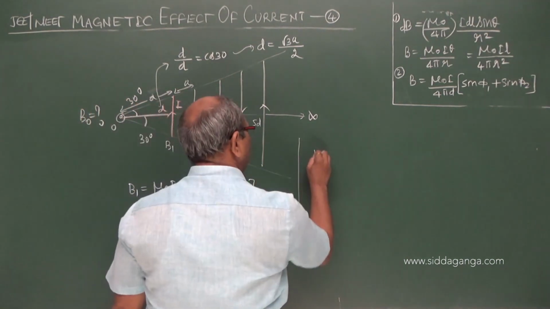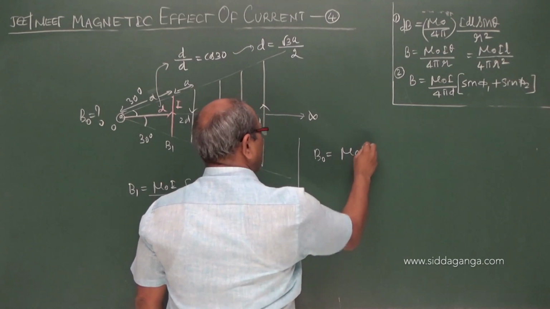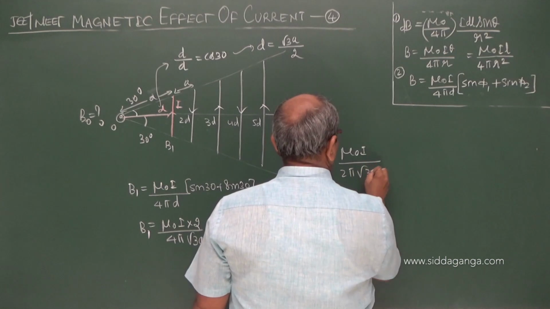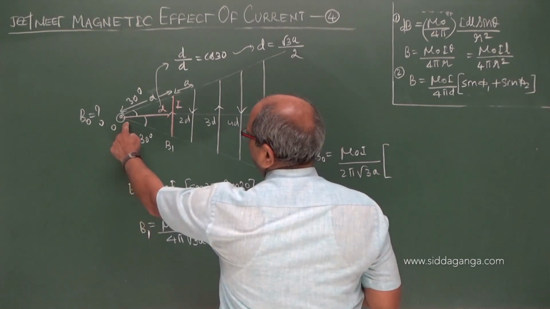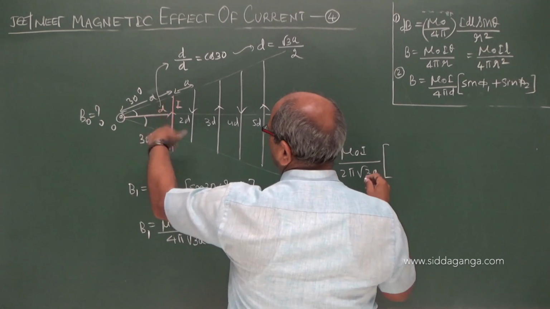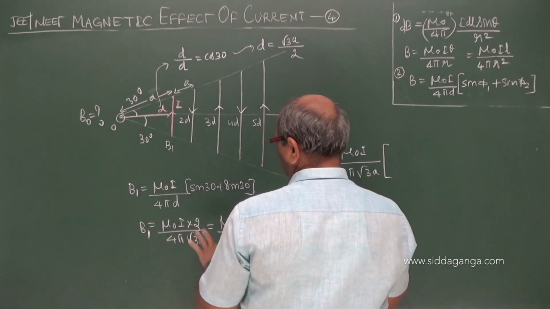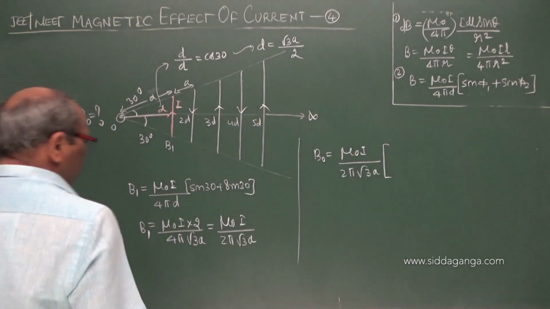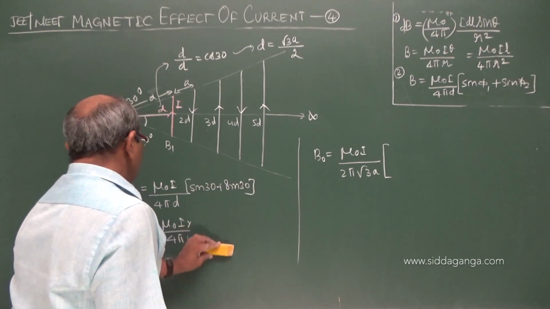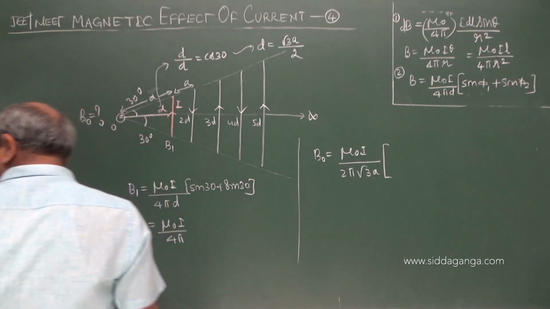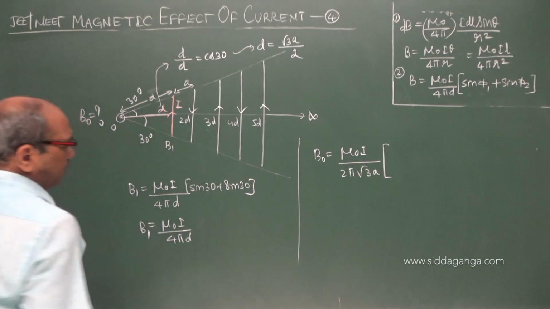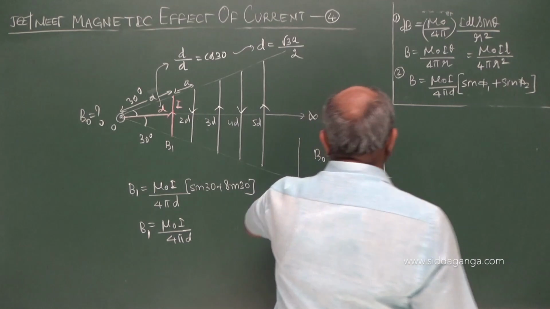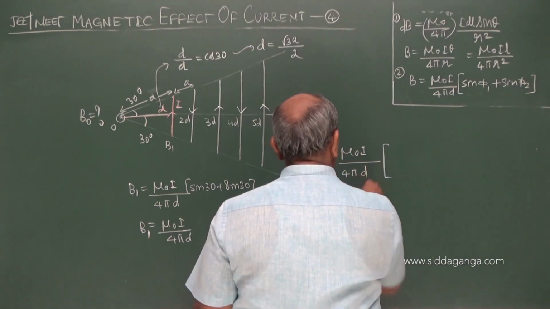Suppose I want to extend B naught for all of them. First, write the common term, mu naught I by 4 pi D; sine 30 is half, and half plus half becomes 1. I keep D as it is here to avoid confusion, and I can substitute it later.